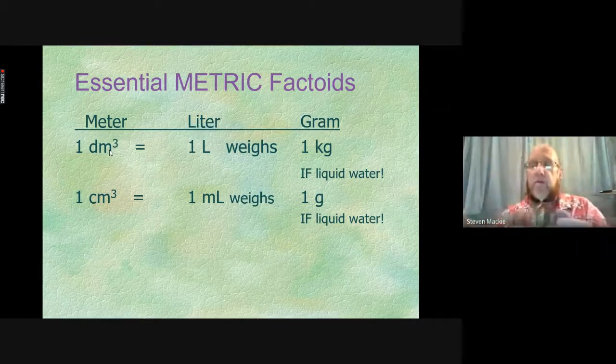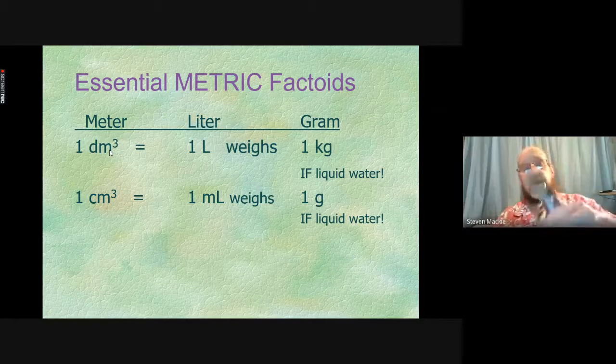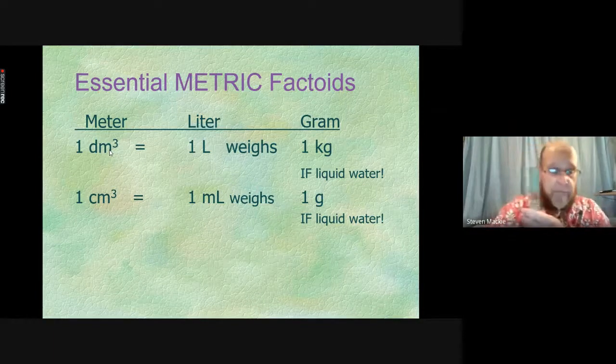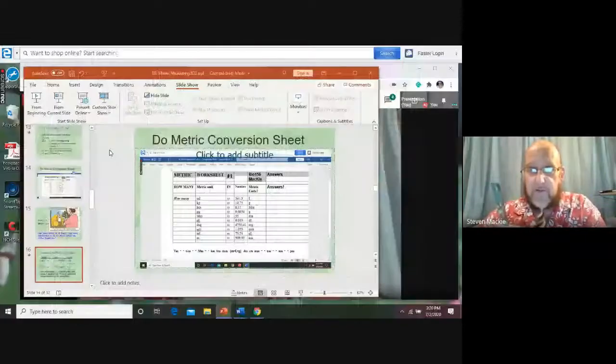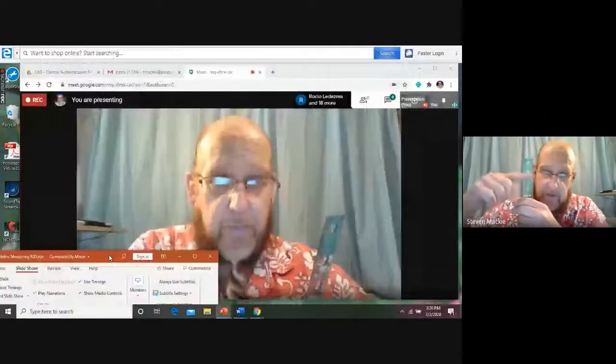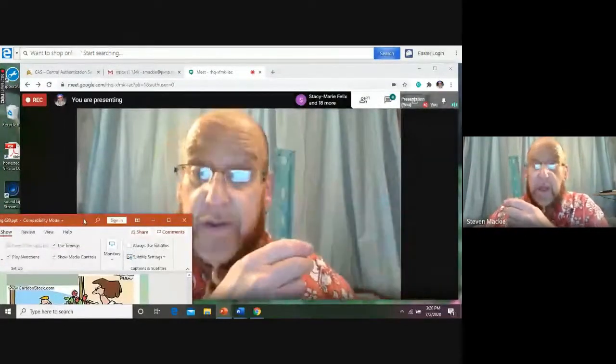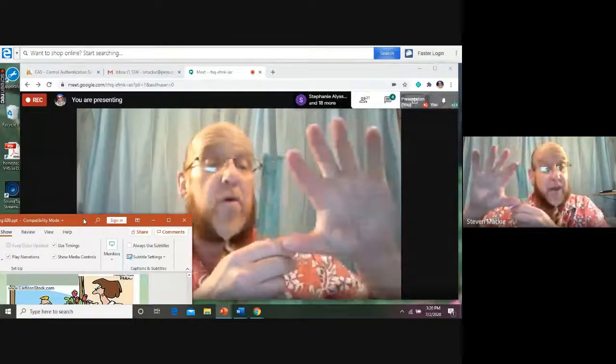Actually, why am I even doing that? Here's a ruler in front of me, and I hope I'm presenting now. And this is a decimeter. All right, so everybody can see that the length I'm pointing at right here is 1/10 of a meter. And so this is a decimeter.